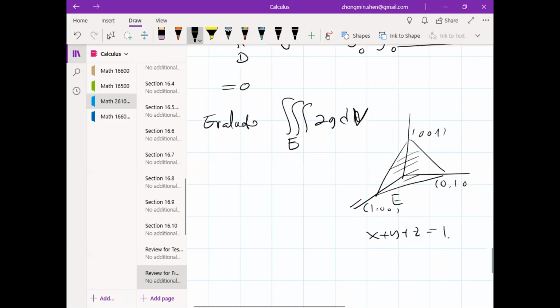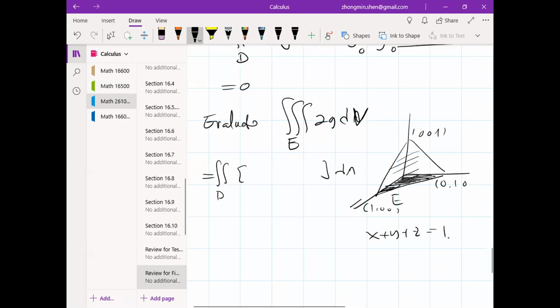All right, so how do you evaluate this integral? I always begin with a double integral. So I choose this D at the bottom, in the xy plane.